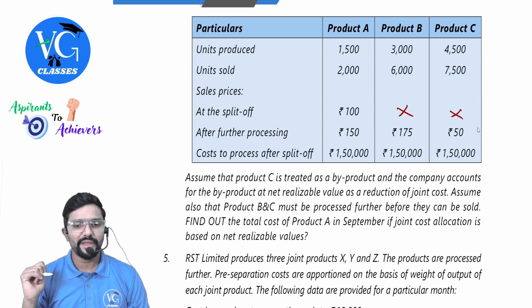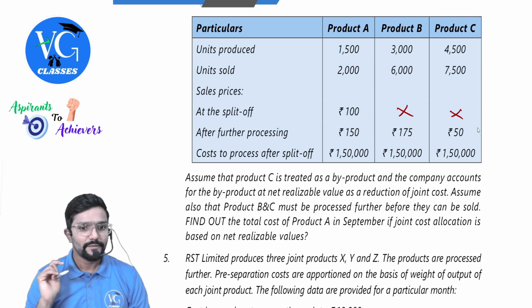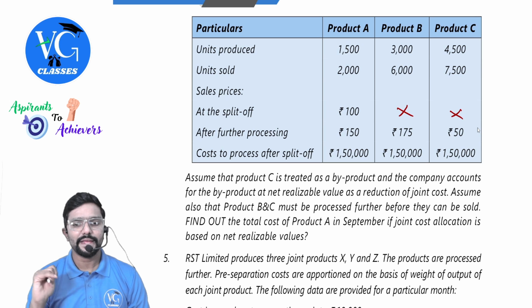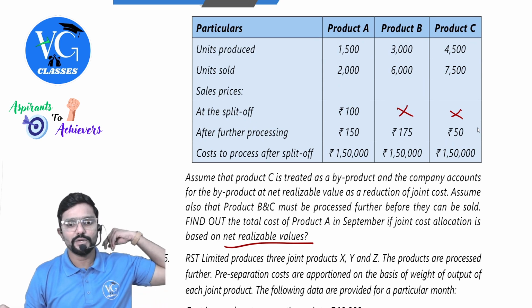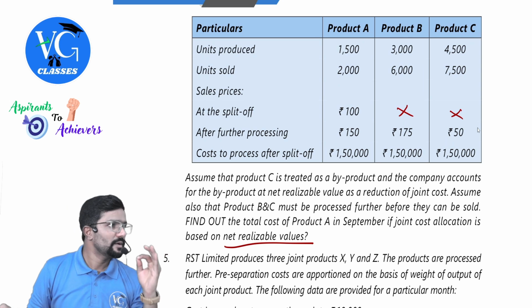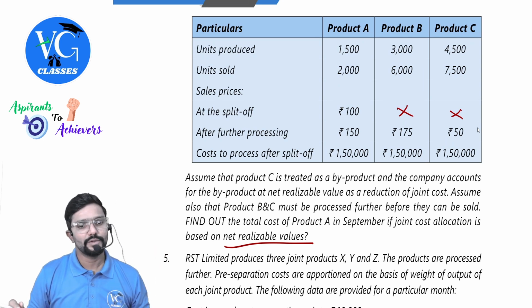Assume also that product B and C must be processed further before they can be sold. Okay. Find out the total cost of product A in September if joint cost allocation is based on net realizable value. Only product A, guys.